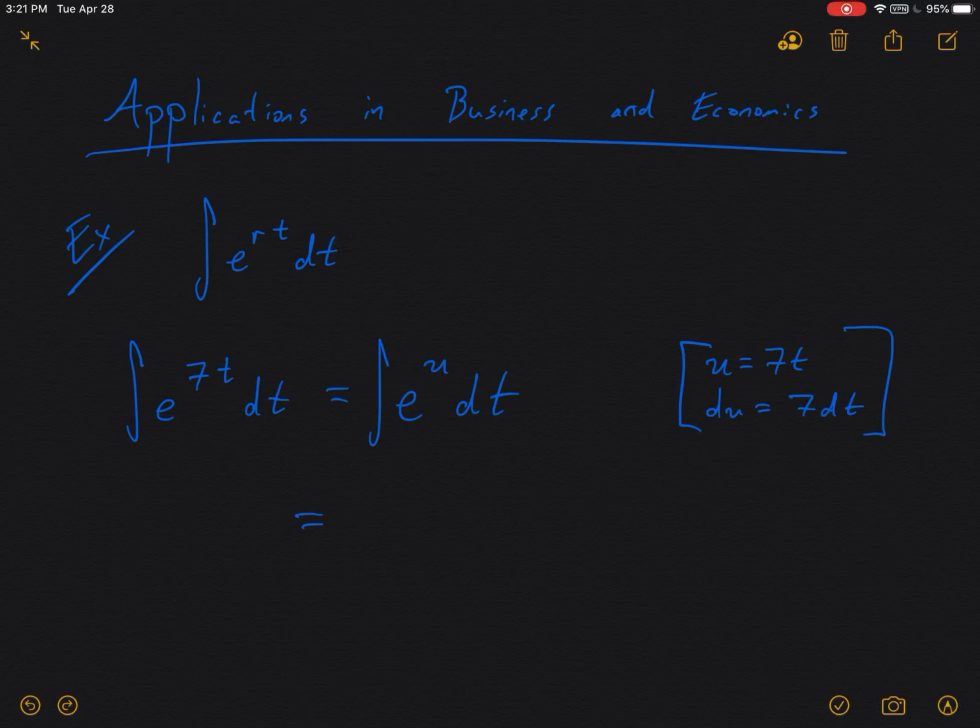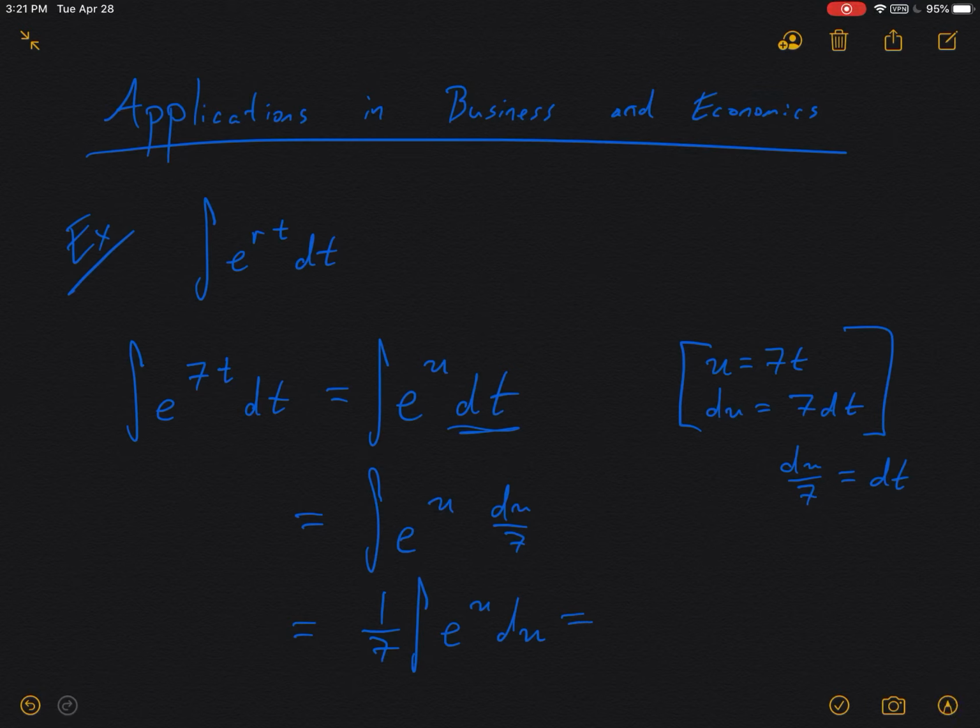I would divide both sides by 7 to get that du divided by 7 is equal to dt. That means I can plug that dt value into this integral. I would get the integral of e to the u du over 7. Or if you want, you could factor out that 1/7 and put it in front of the integral. That would be 1 over 7 times the integral of e to the u du, and we integrate that.